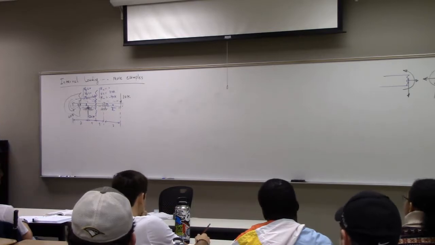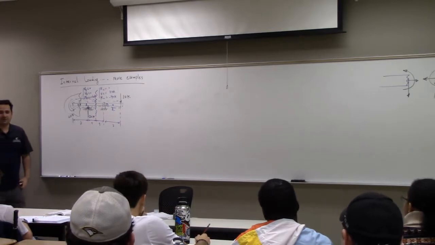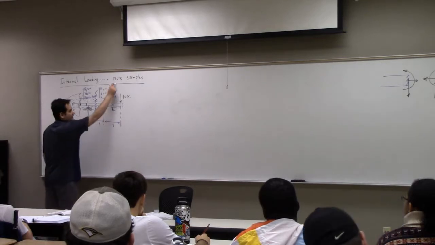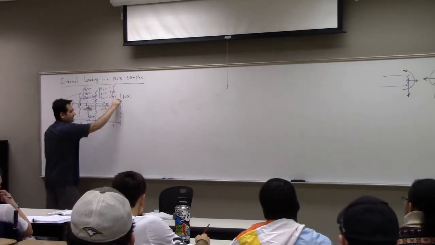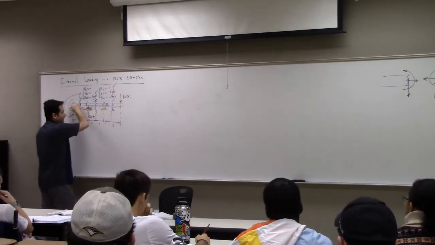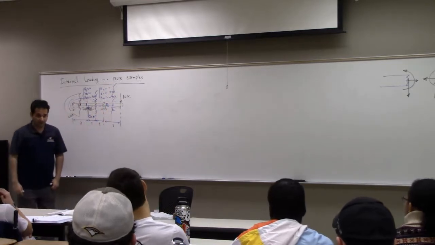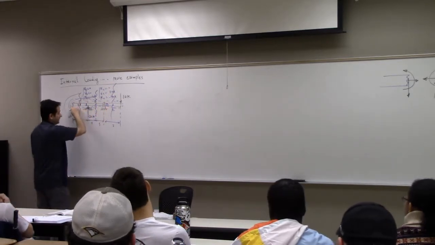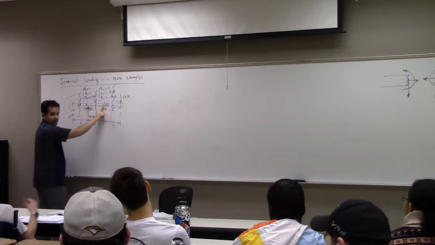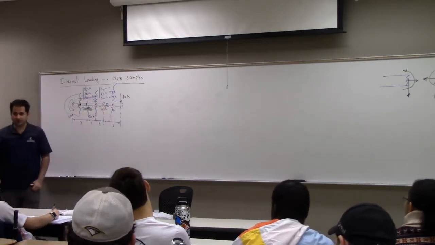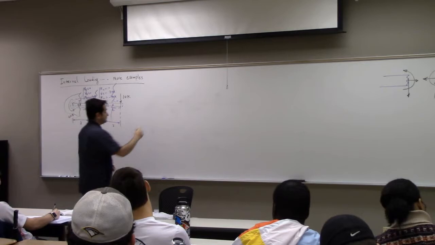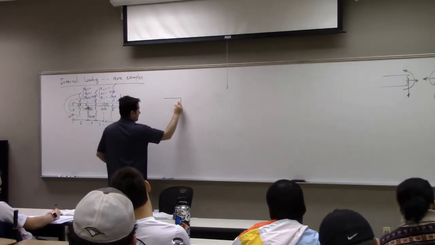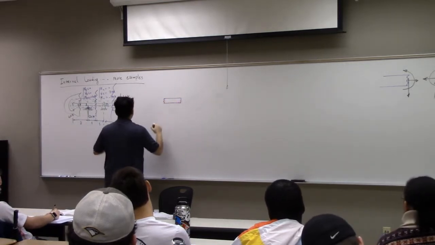Yes or no? No. Why? If you cut it here, how many possibilities do I have? Take the one on the right or the one on the left. If you take the one on the left, yes, you need to have Bx and By because this is going to be external loading on the system. But what I do here, I take the one on the right.